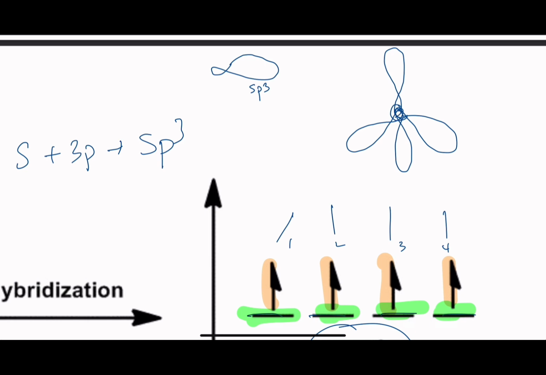So this is 1, 2, 3, and 4 sp3 orbitals, and in each one I have 1 electron. And then in CH4 I got hydrogen, right? So hydrogen comes in with another electron, and they make bonds.